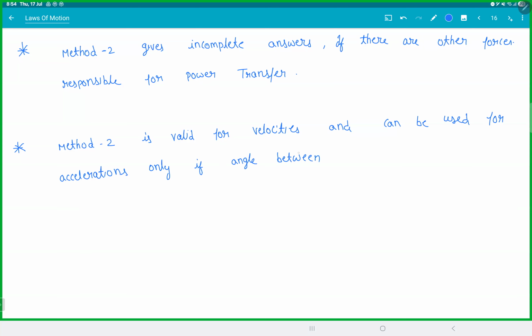I'll show you these things with problems, both the cases. That will be a better way to understand. Statements you will understand, but it really doesn't make much sense. First, we will do cases where it works properly, and then I'll slowly introduce the cases where it will start failing. And I'll show you how to recognize when it fails. Anyway, these are the two drawbacks that we have. So let's see a few questions on this, and then we will go ahead.